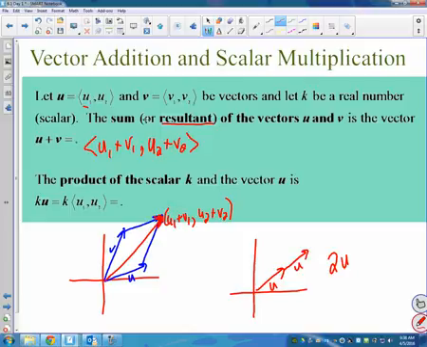And you can think about that's u and u, which gives you 2u. So when you have a number, a scalar, multiplied times some vector, all you're going to do is multiply the components by that scalar. So we can say if you have k times vector u, that's the same as the components ku1 and ku2.